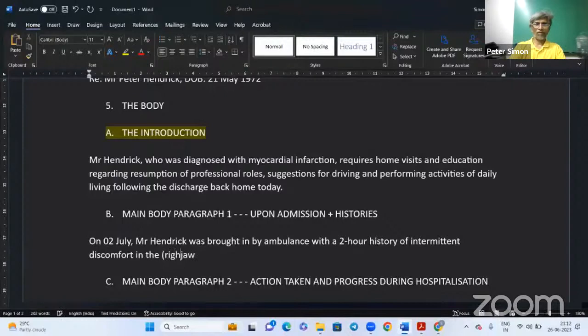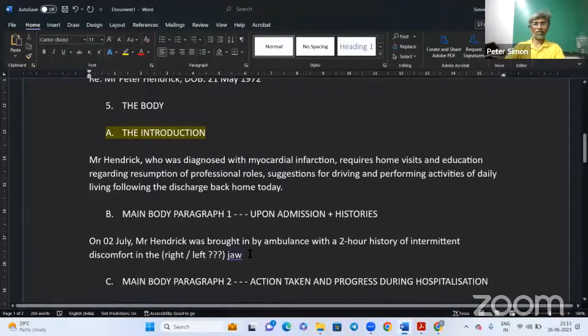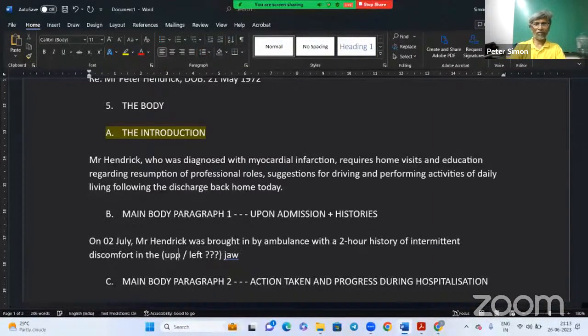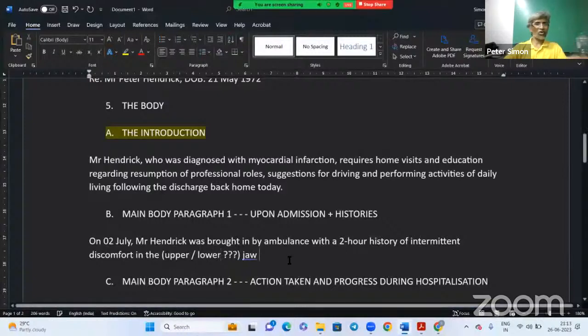Right or left, so that is a question mark. Not right or left, it's upper or lower jaw. There's a confusion, it's not clear. Maybe we'll get it later and we can adjust that one.